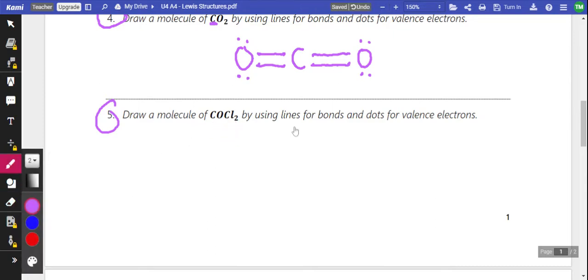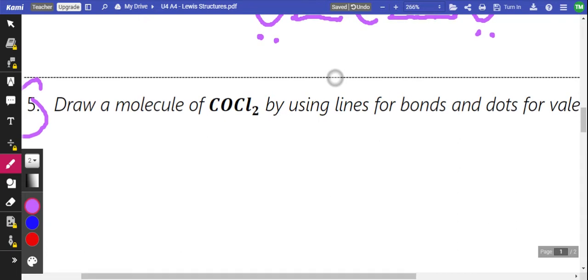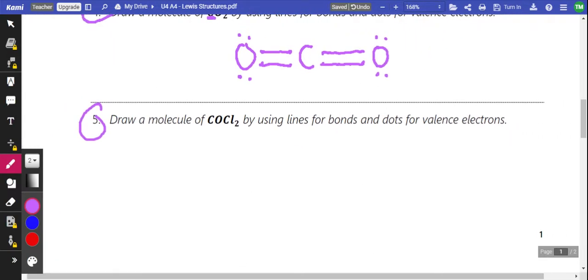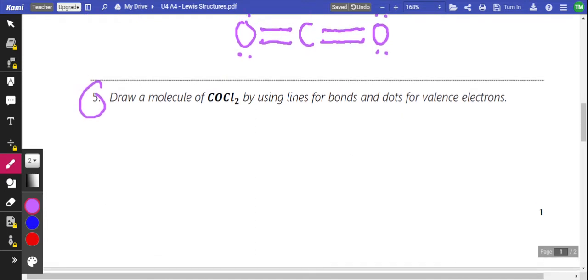Okay, well, we have 2 things here that could be considered on their own, the odd one out. We've got a carbon, and we've got an oxygen. Now there are a couple ways we can figure out which of these odd ones out we can use for our center atom. One good way is to figure out which one is less electronegative and is therefore more willing to share its electrons with other things.